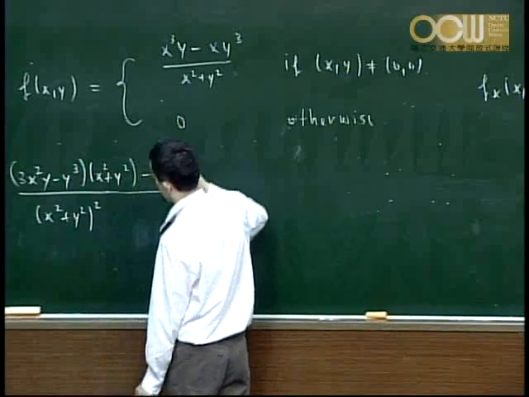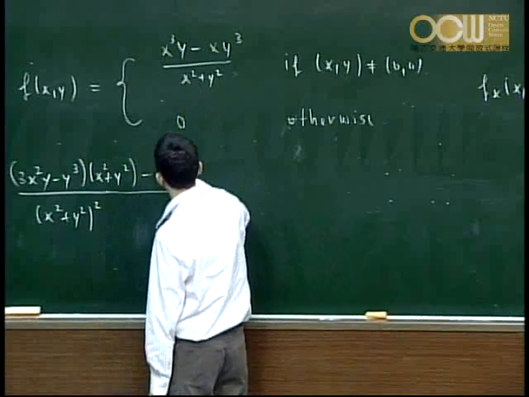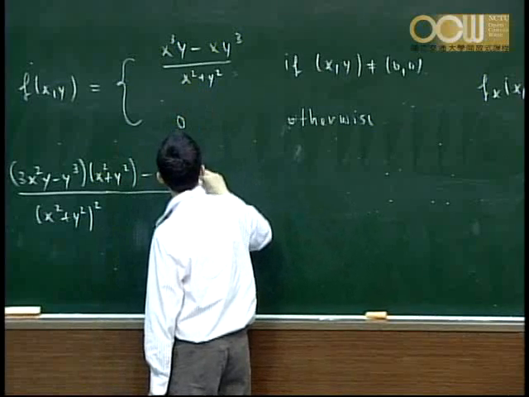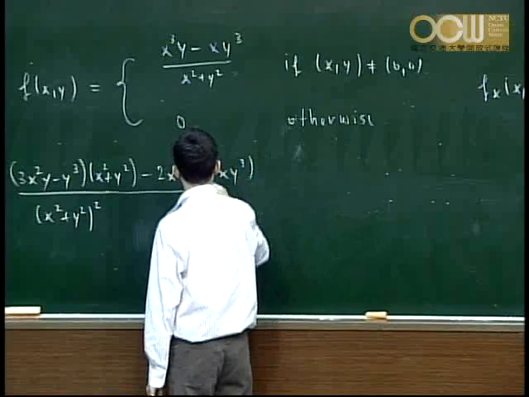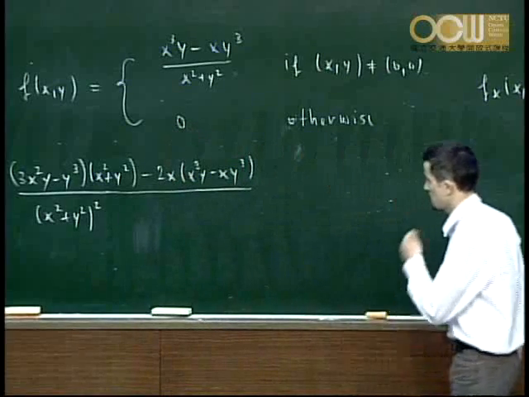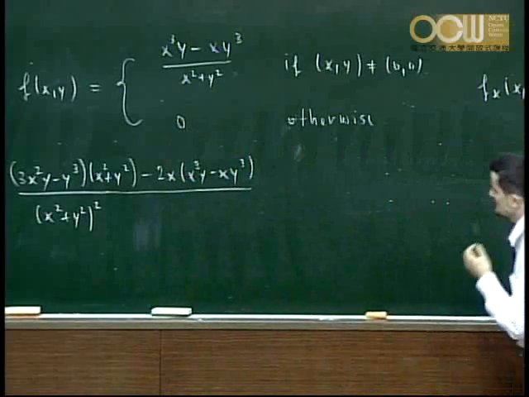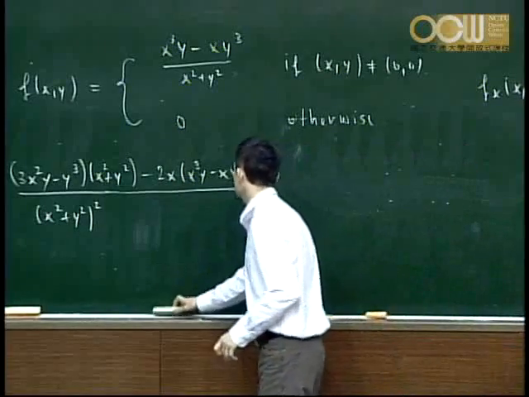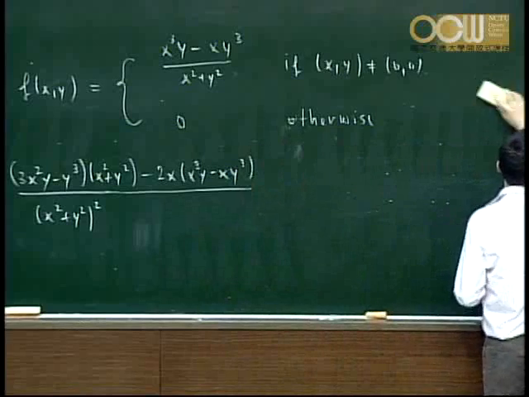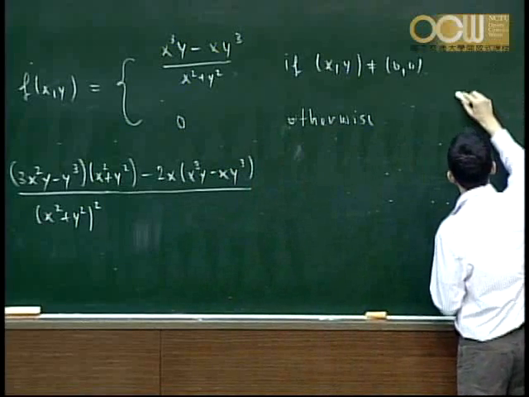And minus, now with respect to x, so we have here 2x and x to the cube y minus x y to the cube. Okay, so this doesn't look very pleasant. Let's just keep it like this, because I'm just interested in the second partial derivative, so we do not really have to simplify it.